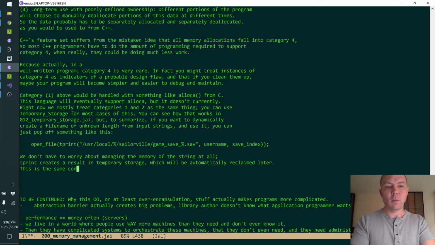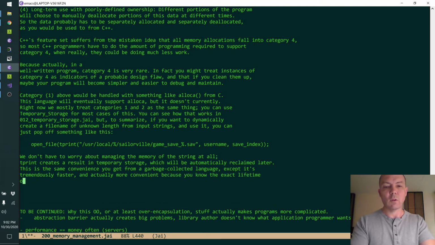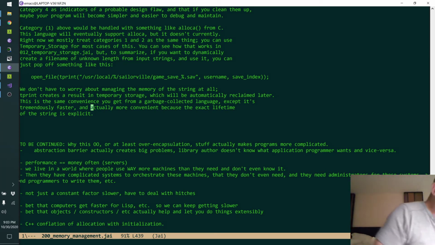This is the same convenience you get from a garbage collected language, except it's tremendously faster and actually more convenient because you know the exact lifetime of the string, because the exact lifetime of the string is explicit. Okay, does that make sense to people?